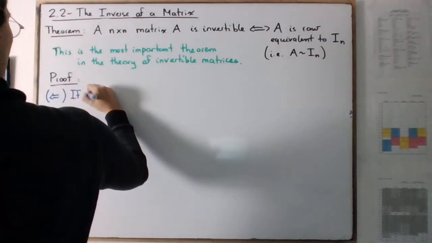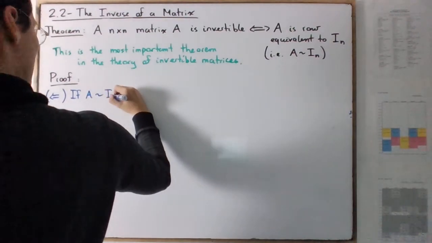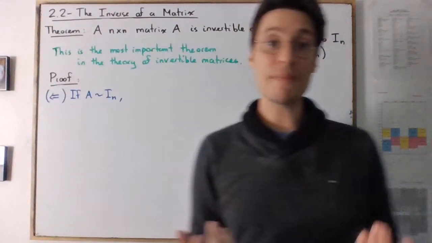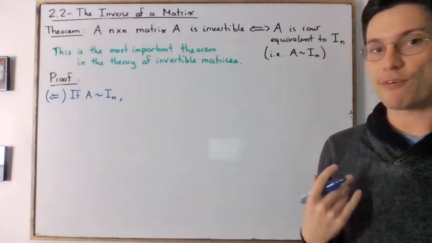So if A is row equivalent to I_n, now we're going to use elementary matrices. These are what they are for.